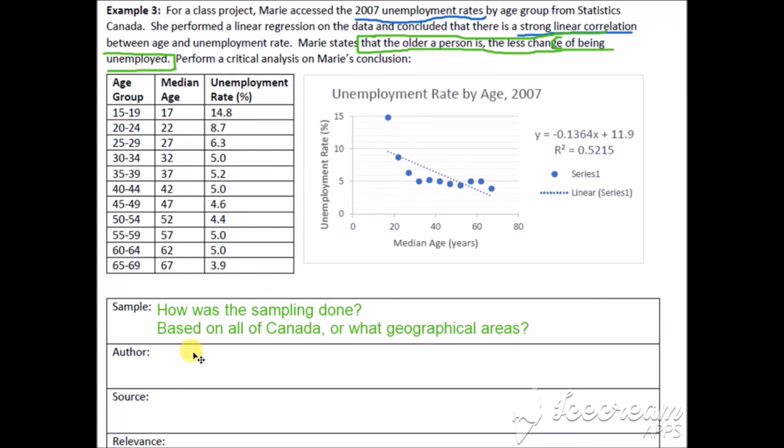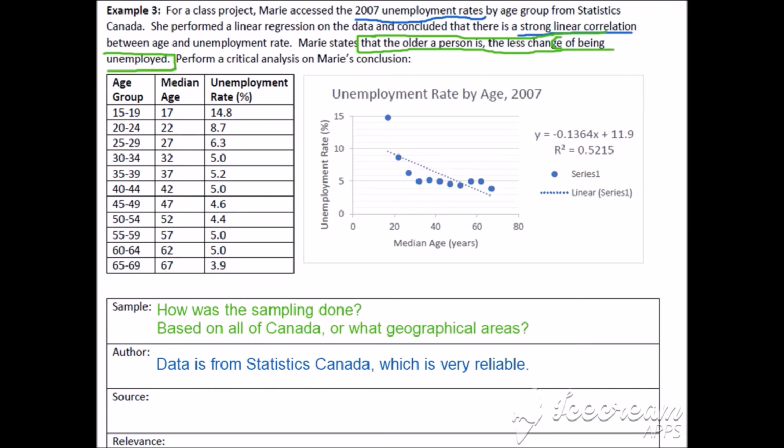Okay? Now author. So the data is from Statistics Canada. Let's change this color, okay? Who is very reliable. So that's what I'm going to say for author. Now what about the source?